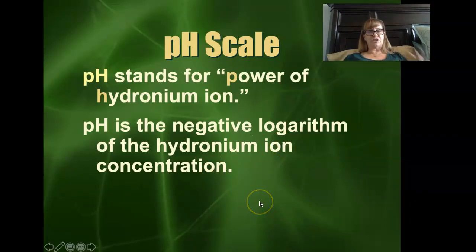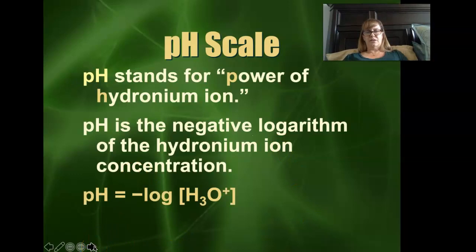If you're in geometry, you're going to hit logs next year. For my class, I'm going to tell you how to do it on the calculator. Let the calculator do it for you, okay? So, to calculate the pH of any solution, if you know the concentration of the hydronium, all you do is plug into your calculator negative log.